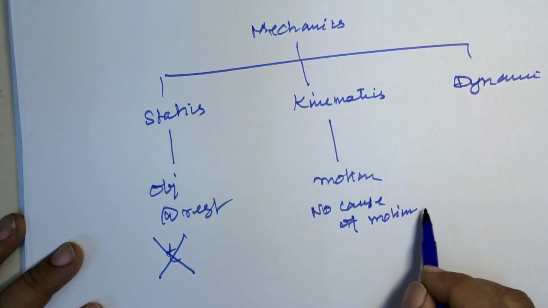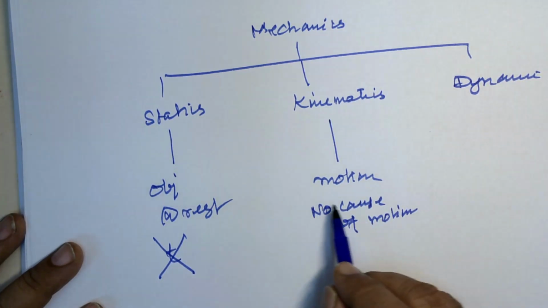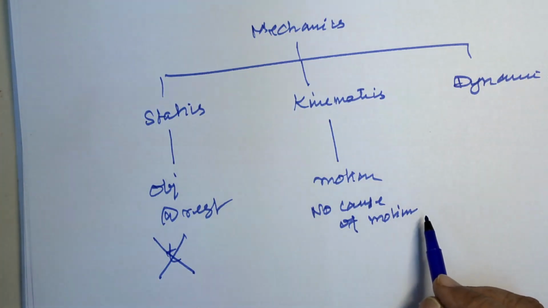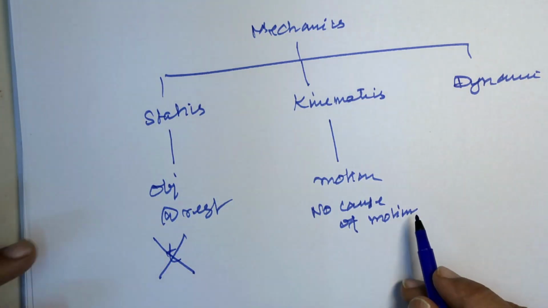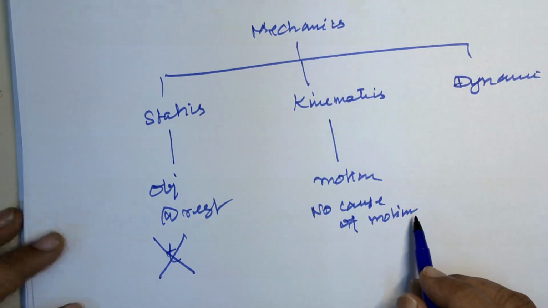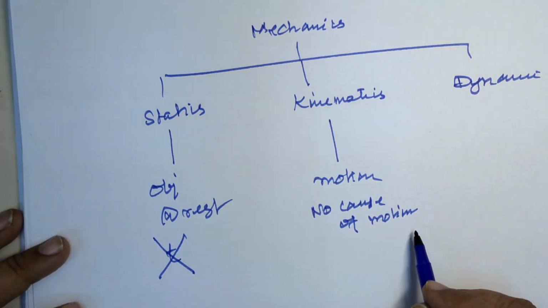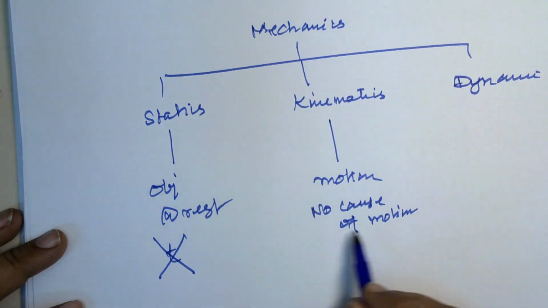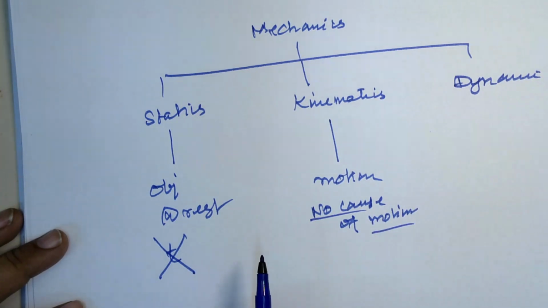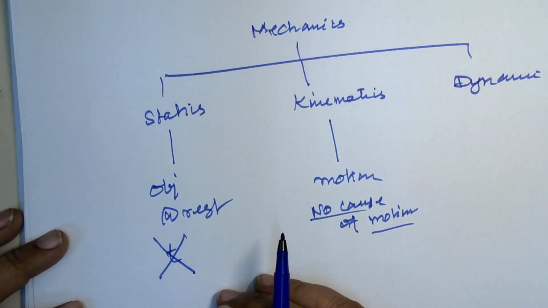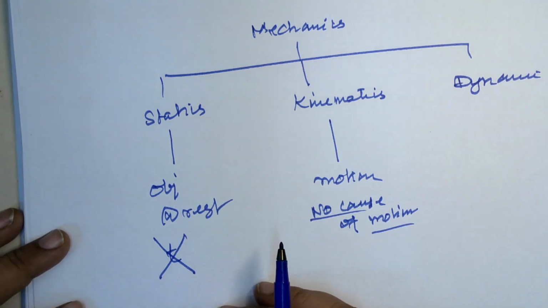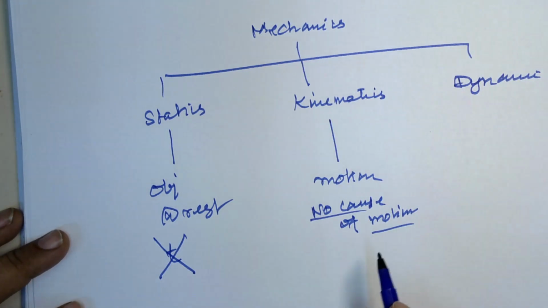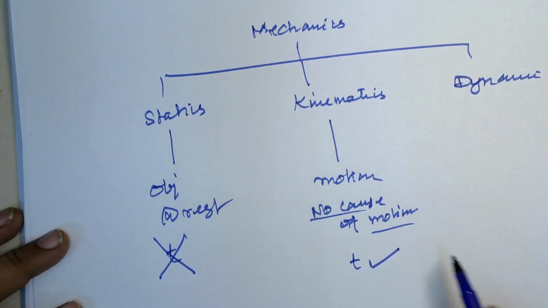The moving body that goes on moving, undergoes some motion. It doesn't know what is responsible for its movement. It means there is no cause involved for this motion. So it's a natural phenomenon, right? So here the time factor is there.